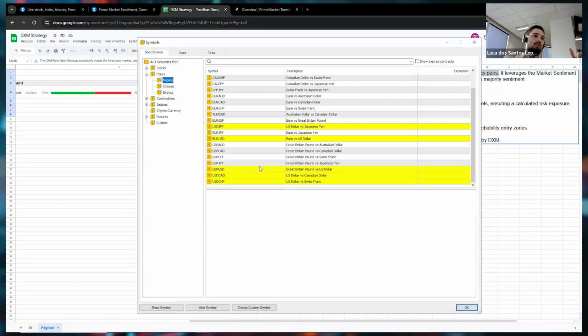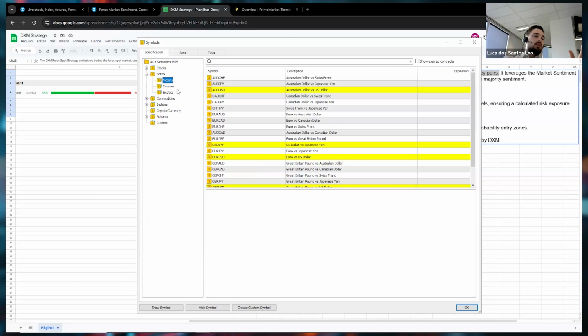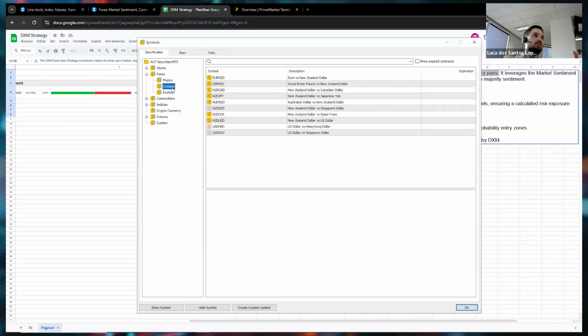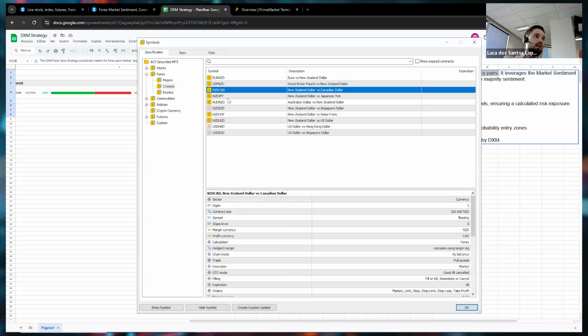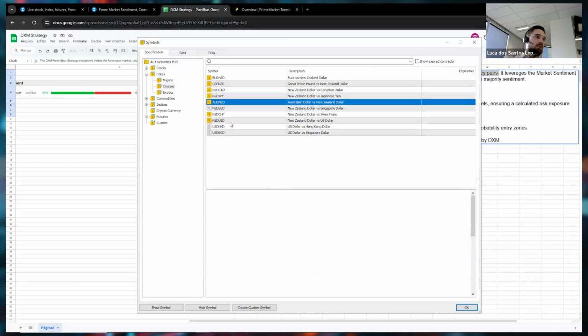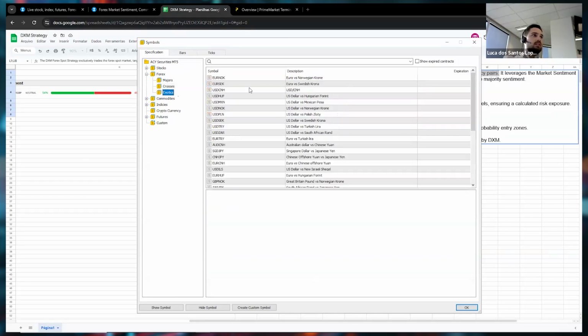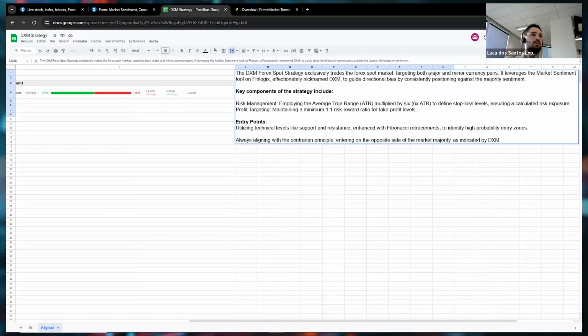The six big ones. The crosses are like Euro New Zealand, Pound New Zealand, New Zealand CAD, New Zealand yen, Aussie New Zealand. The exotics are emerging currencies, which we're not going to be trading. We're only going to be trading majors and crosses.